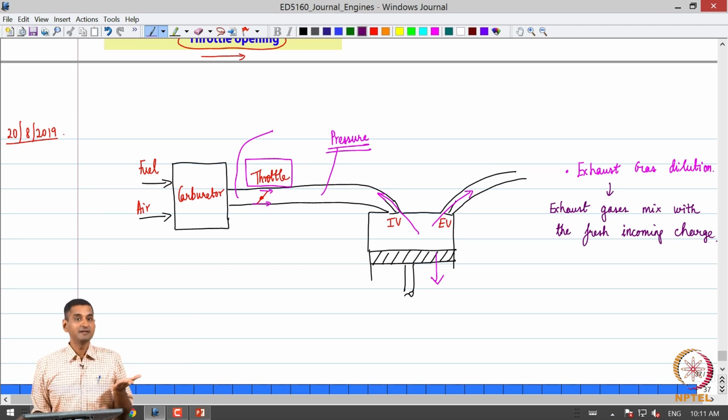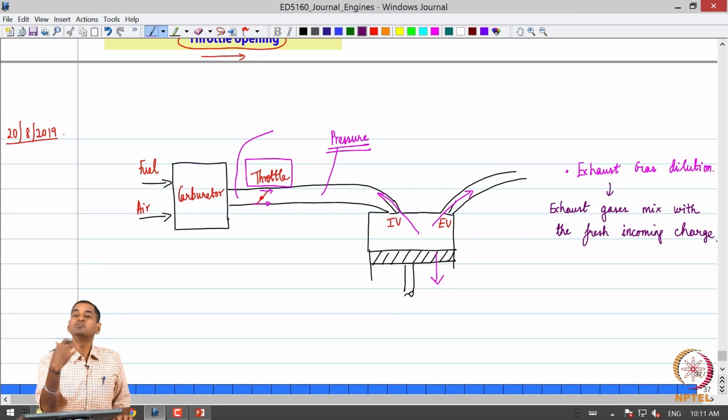Obviously this is going to affect the combustion of the fresh charge, because for combustion we need fuel, we need oxygen and we need a mechanism for initiating the combustion process. But if I mix exhaust gases, the amount of fresh air that is available will also reduce in proportion and the chances of the fuel not getting burned properly may increase. So, the engine may shut down.